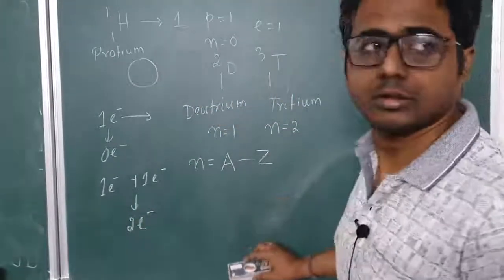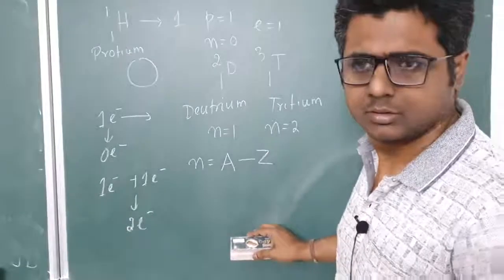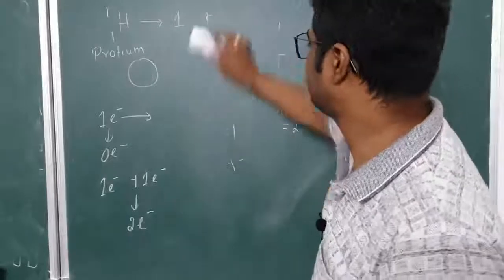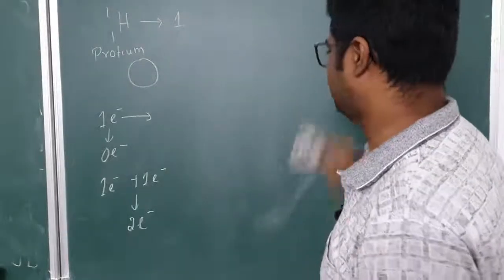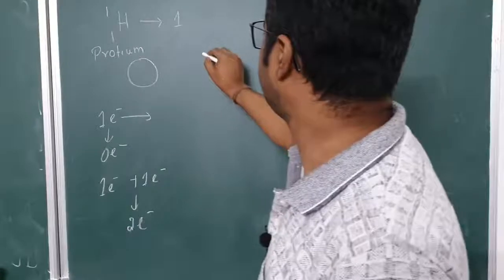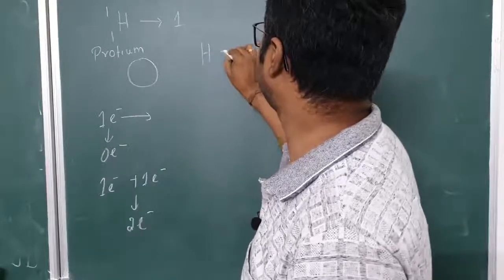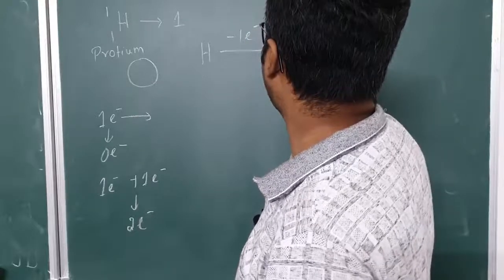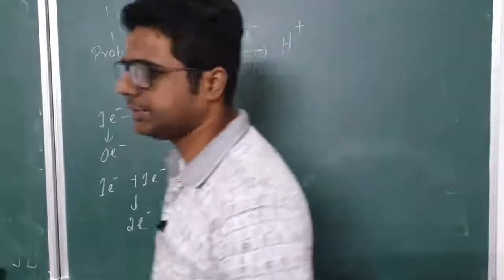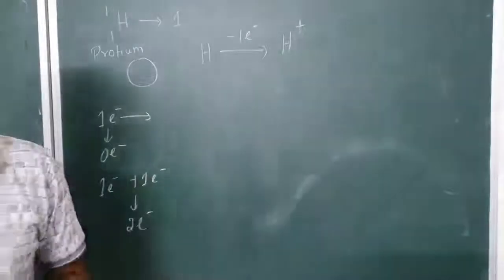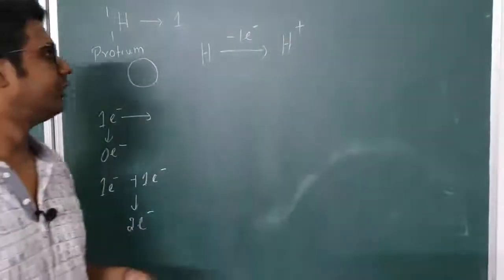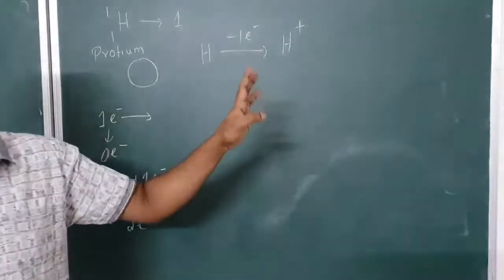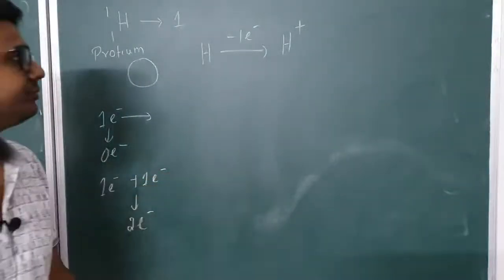Hydrogen can just give away 1 electron to have a configuration of H plus, okay? This is the positive hydrogen ion, you can say hydrogen cation, okay?